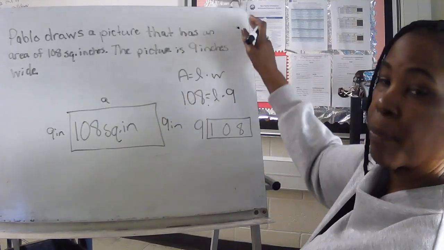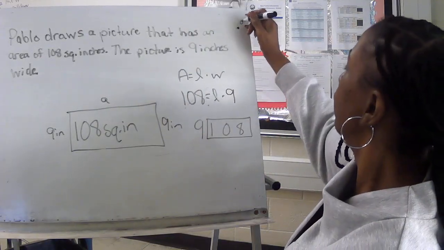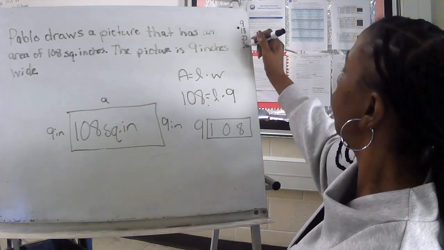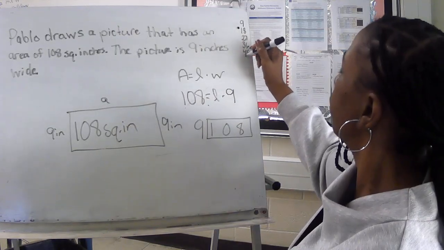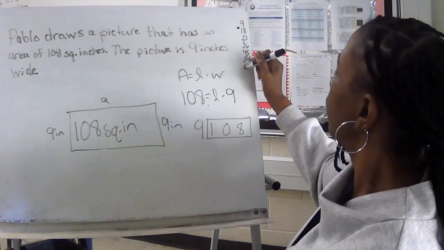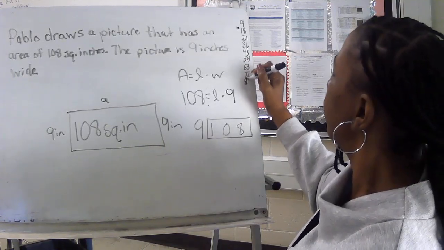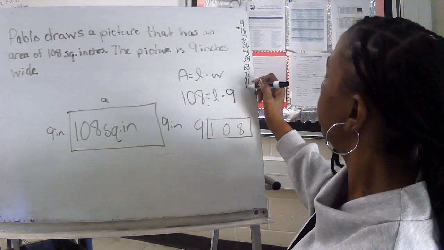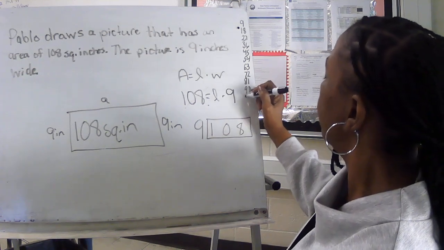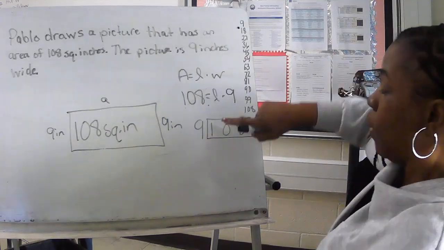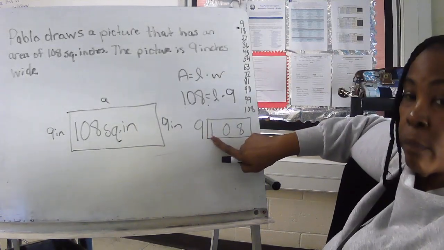We're going to do our multiples of 9 here. 9, 18, 27, 36, 45, 54, 63, 72, 81, 90, 99, 108.